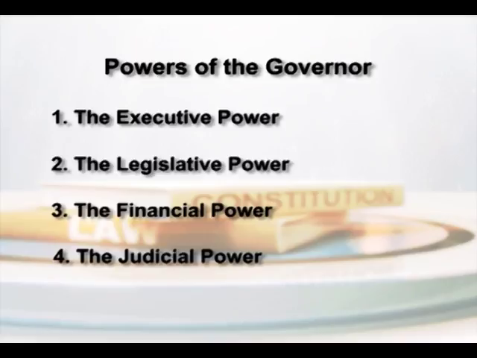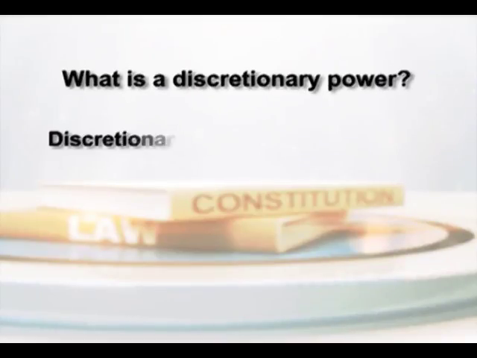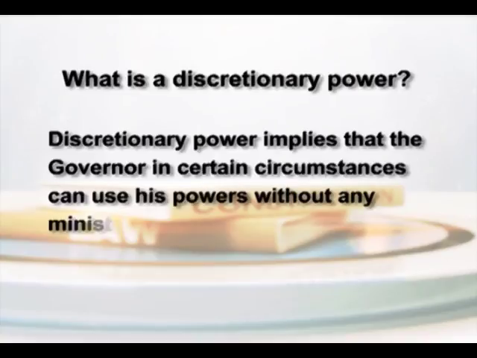Apart from these normal powers and functions of the governor, there are occasions when the governor is empowered to exercise his functions in his discretion. What is a discretionary power? Discretionary power implies that in certain circumstances the governor can use his powers without ministerial advice.